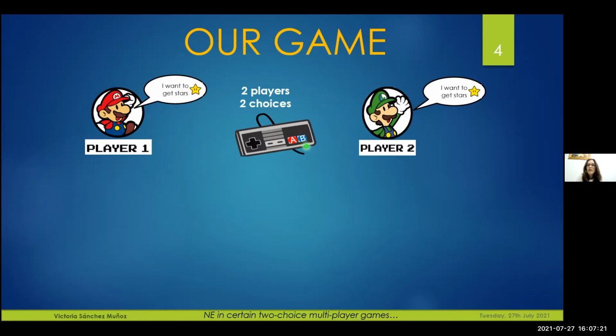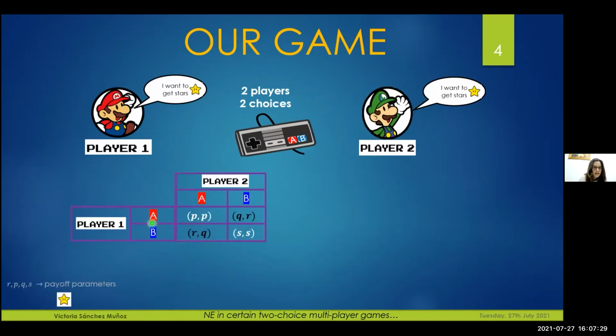In game theory, we use the concept of the payoff matrix, which looks like this. What this means is that if player 1 chooses to play strategy A and player 2 chooses A as well, then player 1 and player 2 both get P. P is just a number, a payoff parameter. You can think of it as the number of stars that they get.